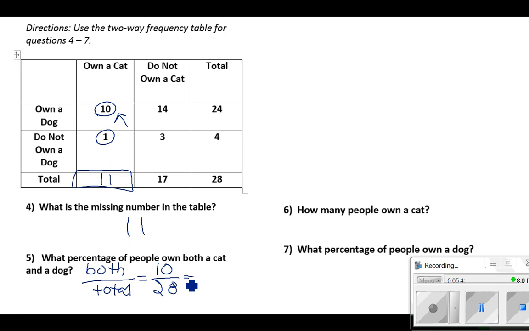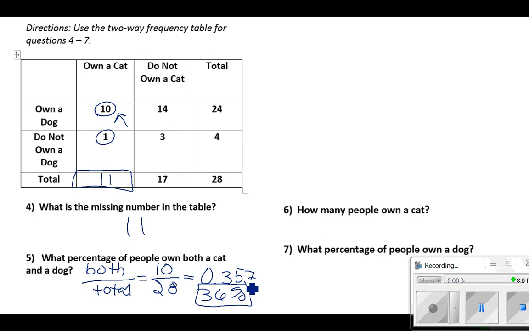And I can change that to a decimal, 0.357. And we need to round that to the nearest tenth as a percentage. So it would be 36% of the people own both a cat and a dog.